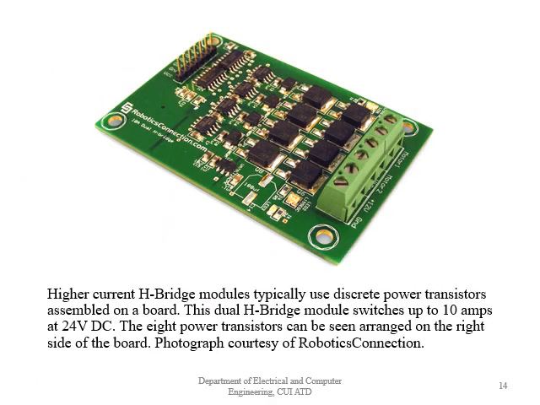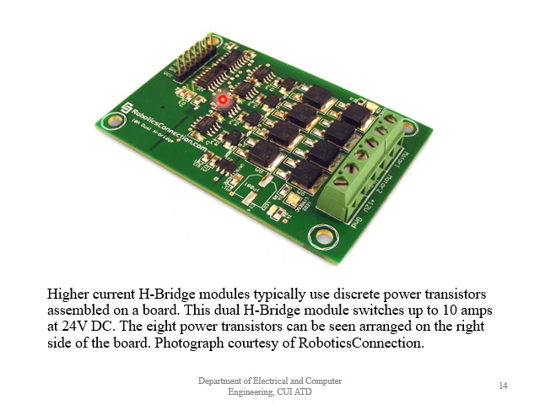So this is the higher current H-bridge module, which typically uses discrete power transistors assembled on board. This dual H-bridge module switches up to 10 amps at 24 volts. So you can use 10 amps at 24 volts. The 8 power transistors can be seen arranged on the right side of the board. So these are 8 power transistors, 1, 2, 3, 4, 5, 6, 7, 8 on the right of the board.